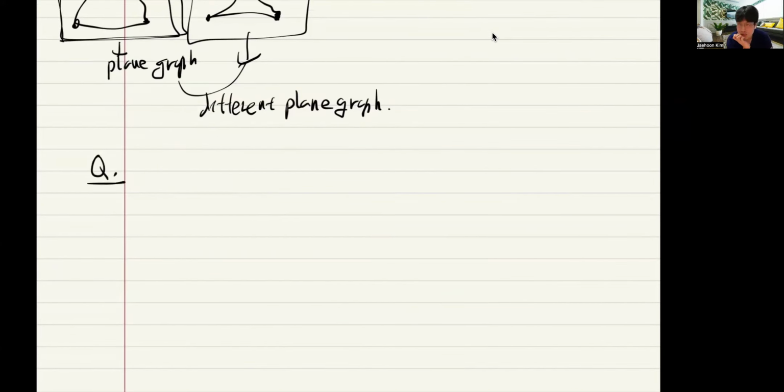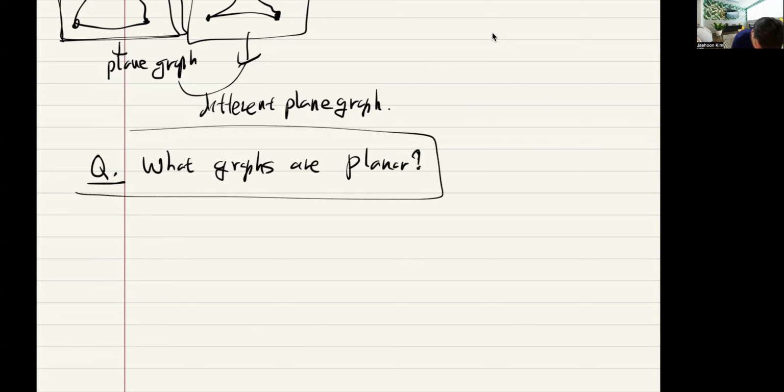So what we are interested in is the question: what graphs, or what multigraphs, are planar? That's a very natural question, right? In the following two or three lectures, or maybe three or four lectures, we are going to answer this question.